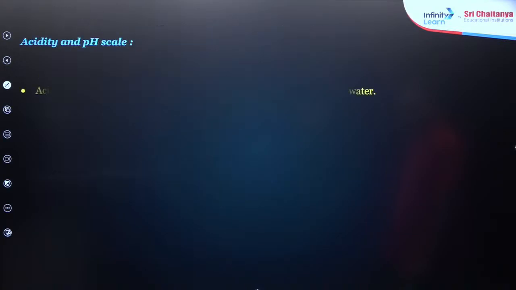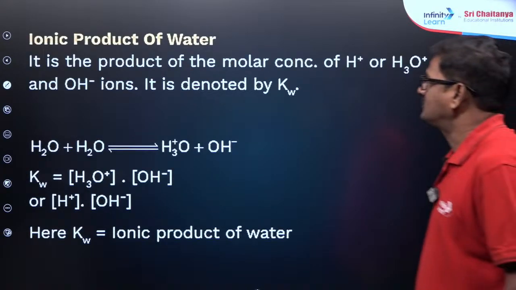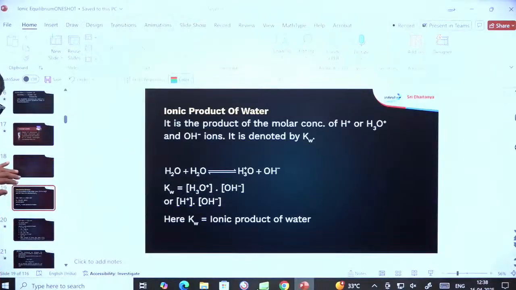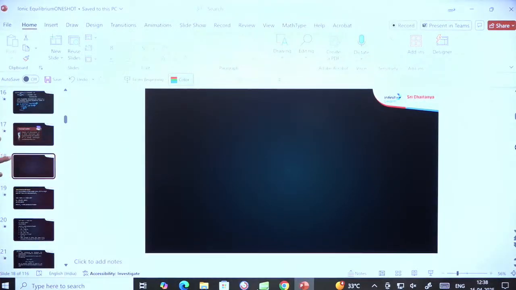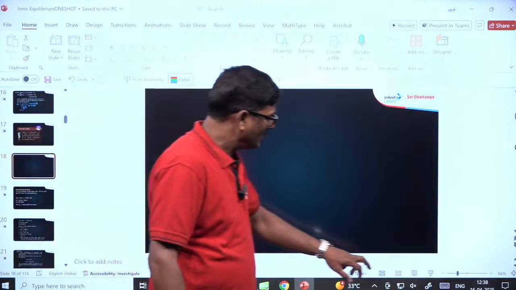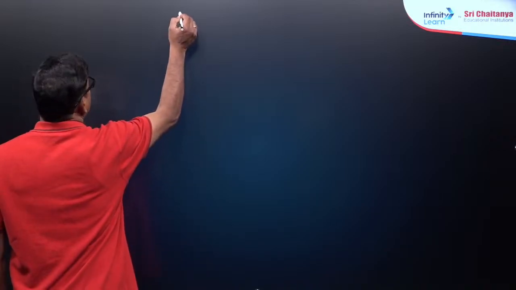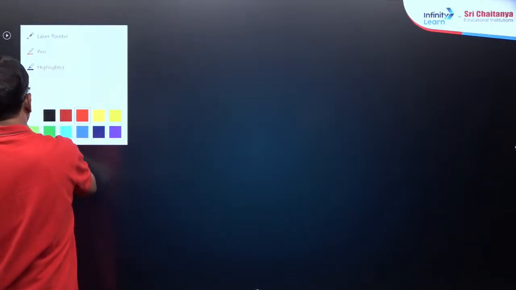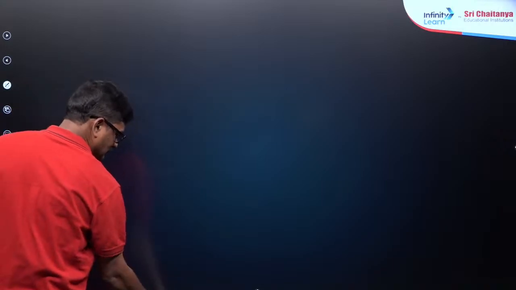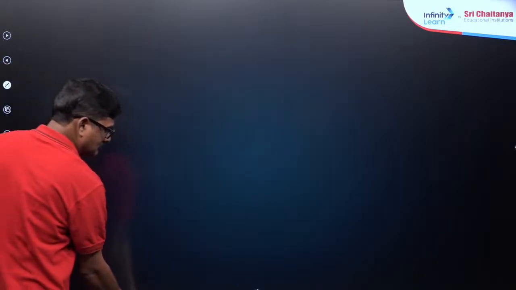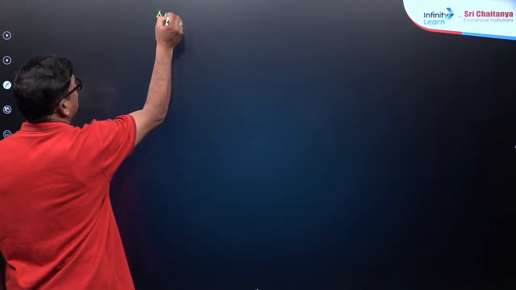Before going for this ionic product of water, I want to talk about the pH scale, and I want to give you a simple scenario about acid base theories. Okay, so this is about acid base theories.